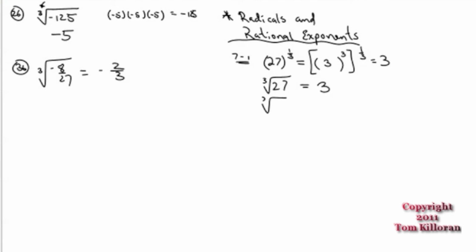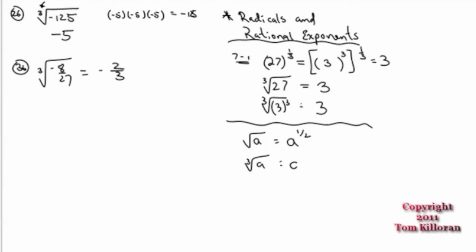Because the cube root of 3 cubed, the 3's basically cancel out, you get the 3. So what I'm trying to say here is that if you have the square root of a, we can also write this as a raised to the 1/2. If we have the cube root of a, we can write that as a to the 1/3.